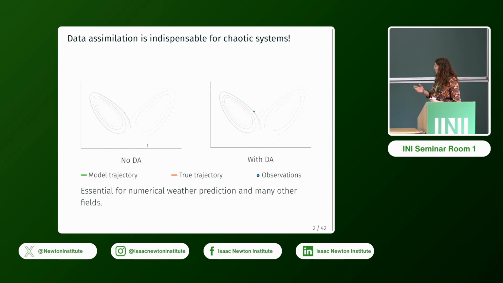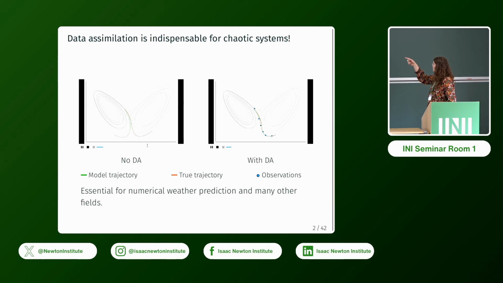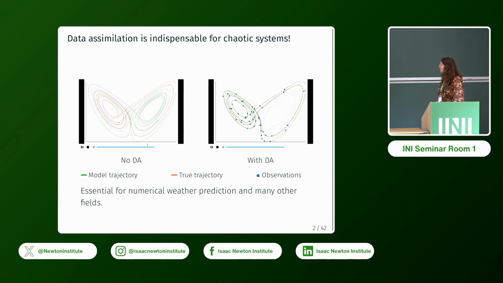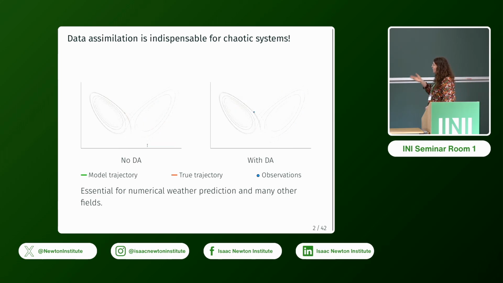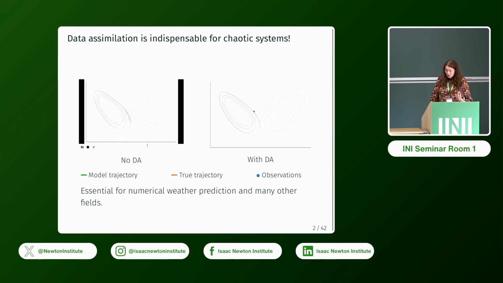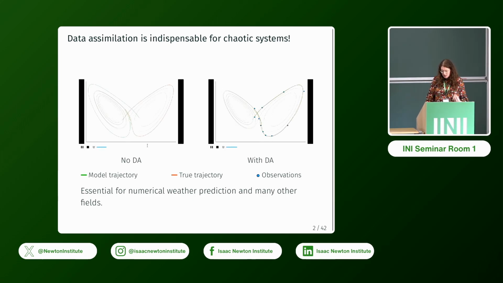So our forecasts become useless very quickly, because we always have some uncertainty in the initial condition. What we need to do is continually observe the system and update our state estimate. On the right, I'm taking observations, in blue, and nudging the trajectory to the observations, and you see that it now tracks the true state much better. Here I'm not showing any uncertainty quantification, just the state estimation part.